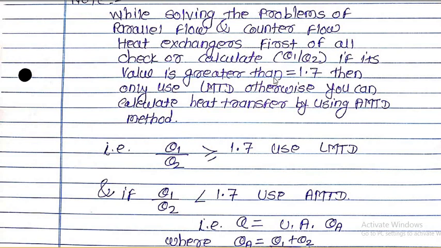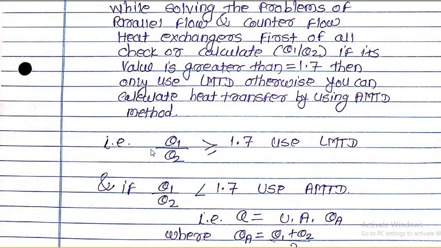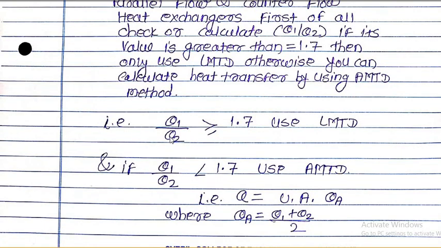If its value is greater than 1.7, then only use LMTD. Otherwise you can calculate the heat transfer using the AMTD method. In simple format, if theta 1 divided by theta 2 is greater than or equal to 1.7, use the LMTD method, and if theta 1 divided by theta 2 is less than 1.7, use the AMTD method.